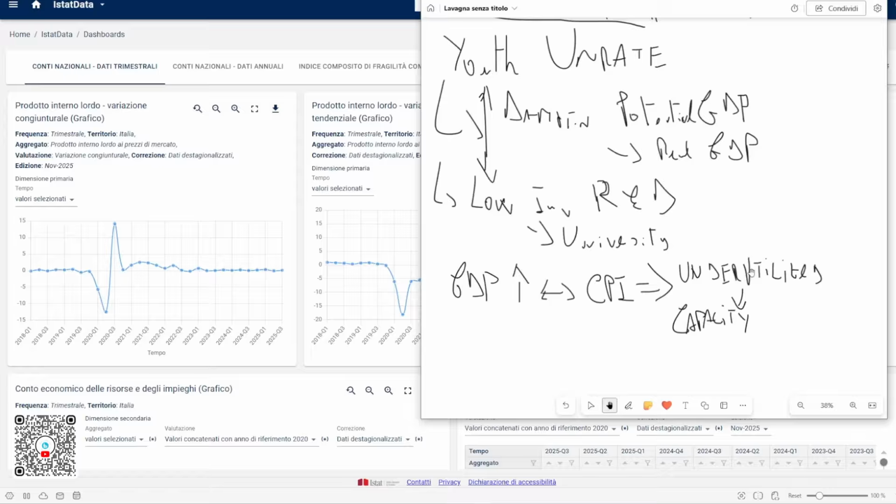So if you want to fix the Italian economy, if you want to improve the Italian economy, you need three things. A series of measures for the labor market. You need to put in place a series of measures which create more and more employability. You need to have skills training for the workforce, which is from 18 to 24, 25.